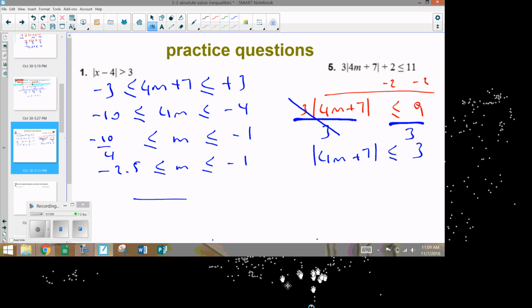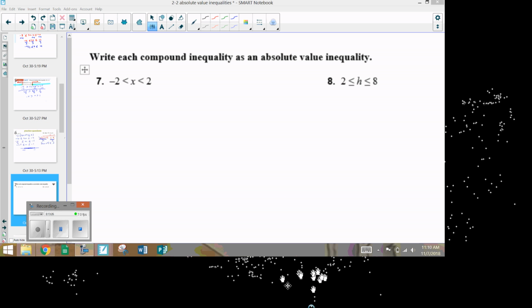So when I draw this, -1, -2.5, and since it's less than, always we do inside. So, and solve it. Any question? Now it's time to do backward.